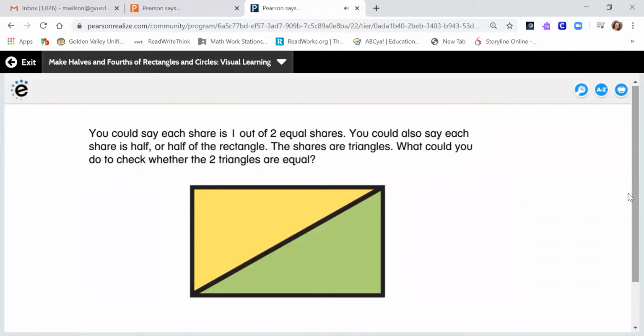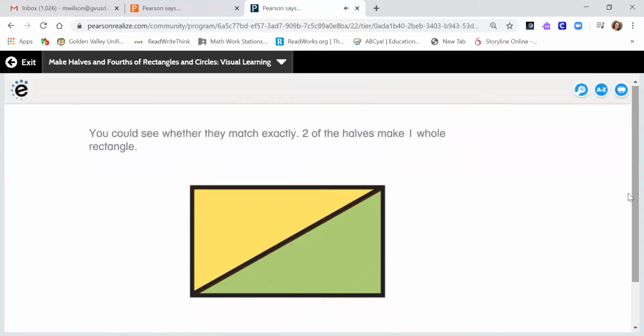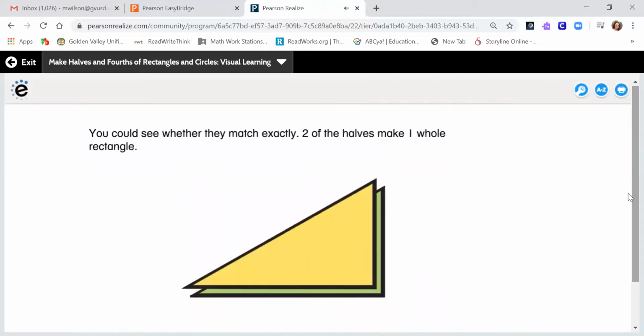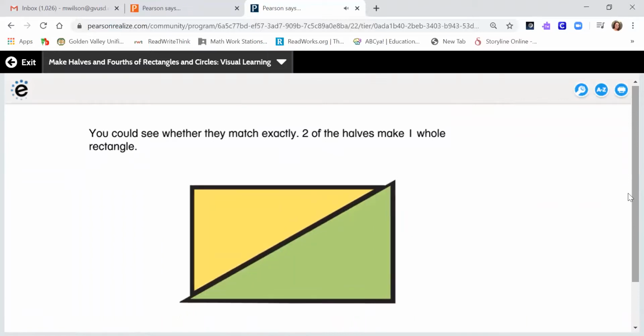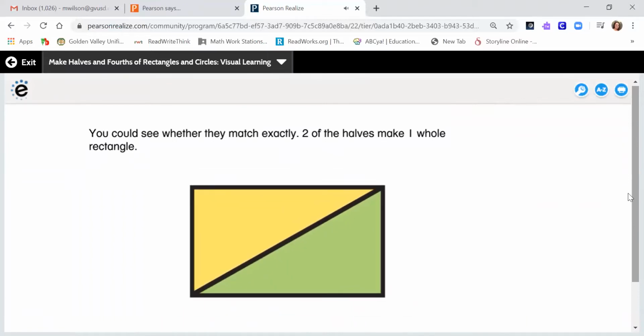You could also say each share is half, or half of the rectangle. The shares are triangles. What could you do to check whether the 2 triangles are equal? You could see whether they match exactly. 2 of the halves make 1 whole rectangle.